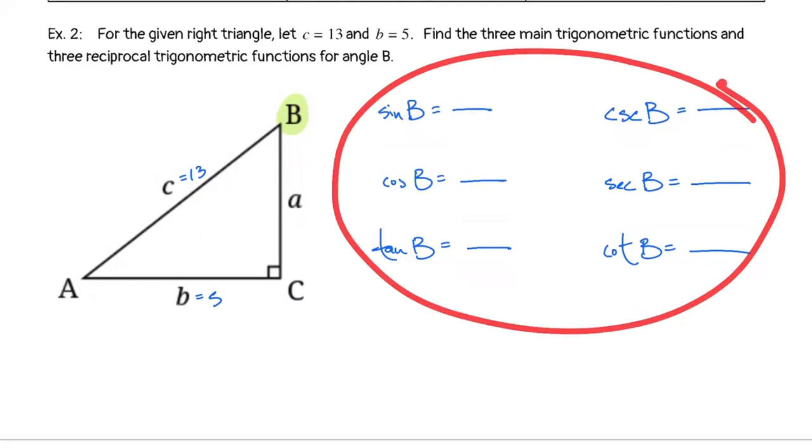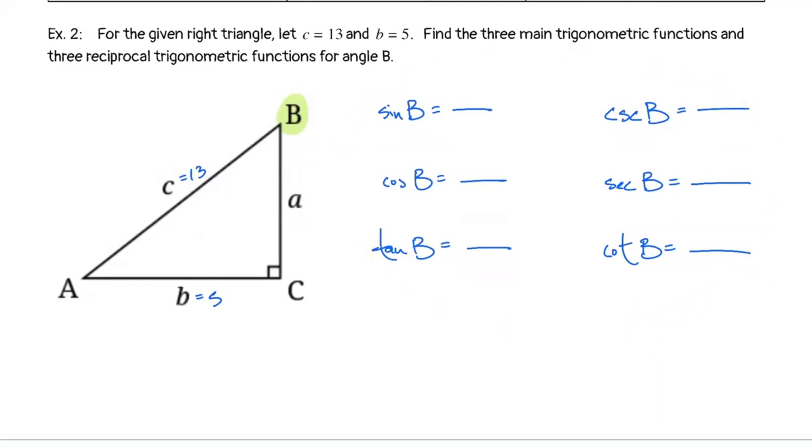We can use those to find the sine and cosecant, because you need the opposite and hypotenuse. All right. Thank you for connecting those dots right there.